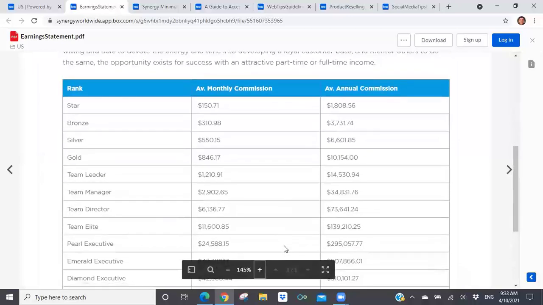So they show you rank, average monthly commission, average annual commission. So it would be interesting to use this document when you sit down with a person who wants to become a Synergy distributor and ask them the question, well, in your first year, what would you like to make in terms of your compensation from Synergy Worldwide?